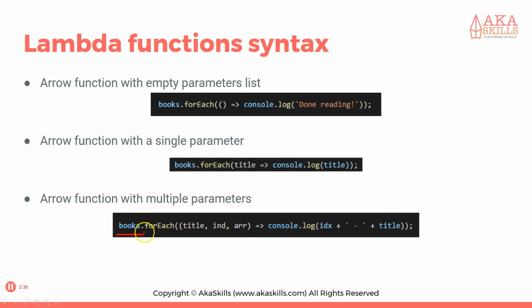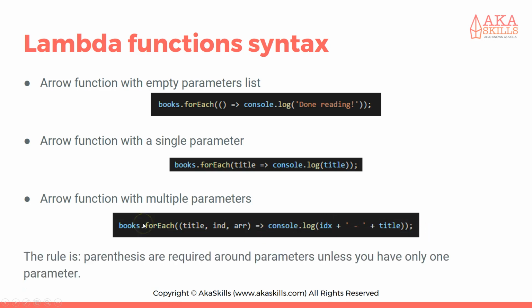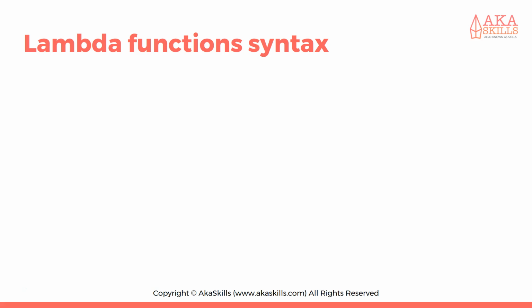So I would say books.forEach, open bracket, and say title, index, and array, close bracket, goes to, and console.log, and here we use them. The rule is parentheses are required around parameters unless you have only one parameter.